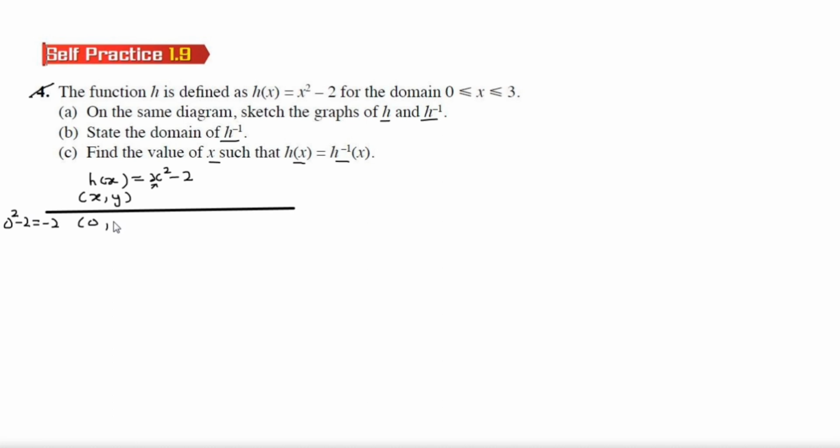So the corresponding y is negative 2. And then you also can take x as 1 because x is between 0 and 3. Same thing, substitute 1 to x. So 1 squared minus 2 is 1 minus 2 is negative 1. Then we proceed.